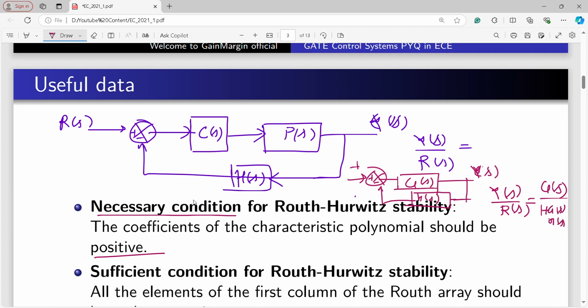Here G of S, for our given question, is equal to C of S, the controller transfer function, into the plant transfer function P of S. And since this is a unity feedback system, H of S is equal to 1. I hope you understood.